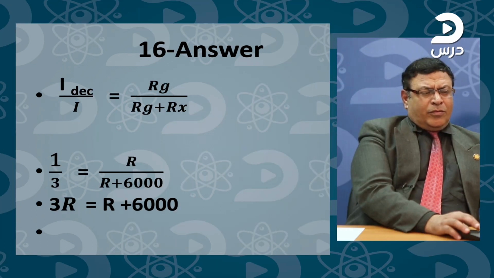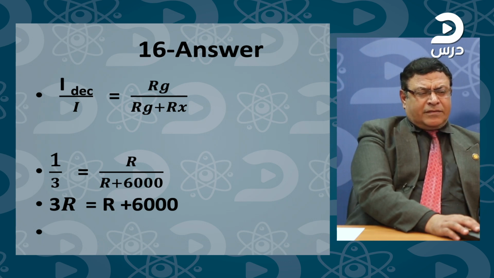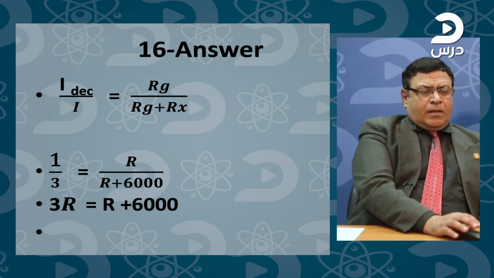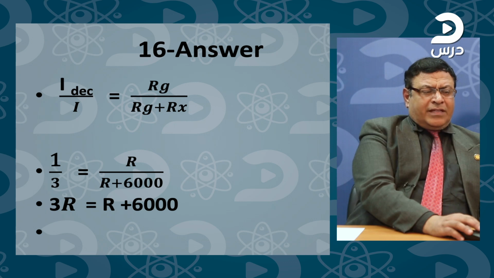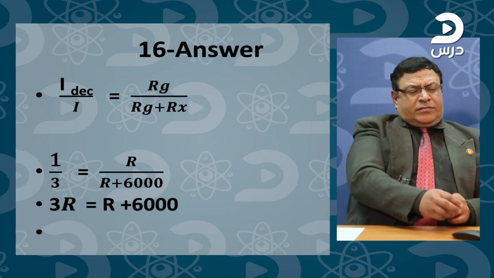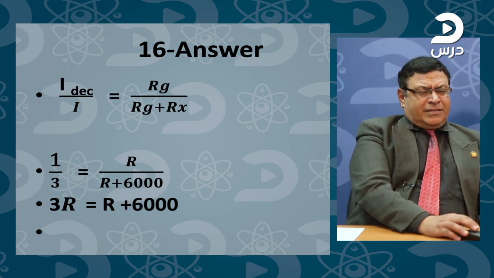This is a very important problem on ohmmeters. The ohmmeter first gives RG equals R and the I maximum is I. When RX of 6000 ohm is connected, the intensity decreases to a third of I, this is the I decrease.